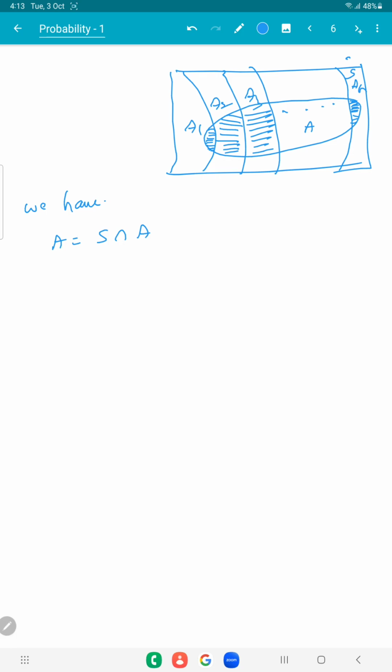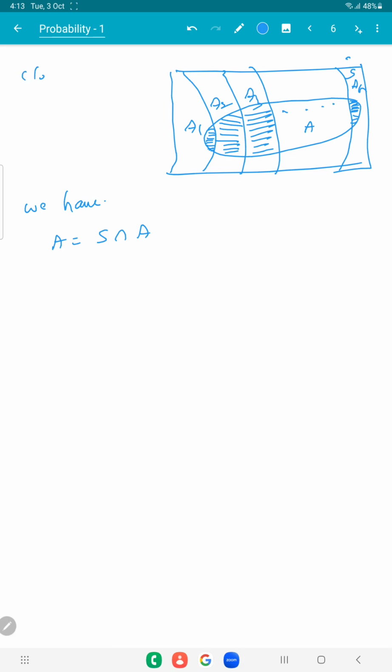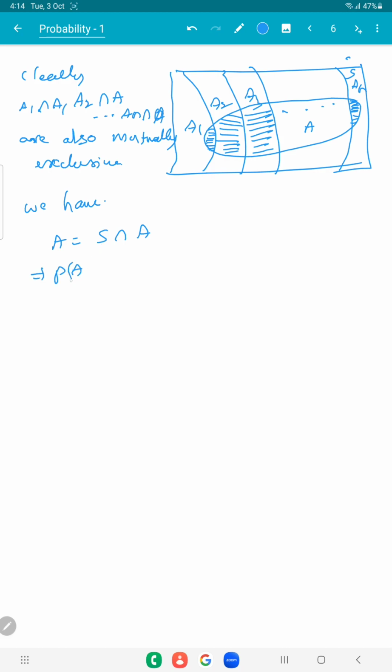Here, A1, A2 and so on are mutually exclusive. Clearly, A1 intersection A, A2 intersection A and so on An intersection A are also mutually exclusive. We have A intersection S is equal to S intersection A. That implies that probability of A is equal to probability of A intersection S. What is S?